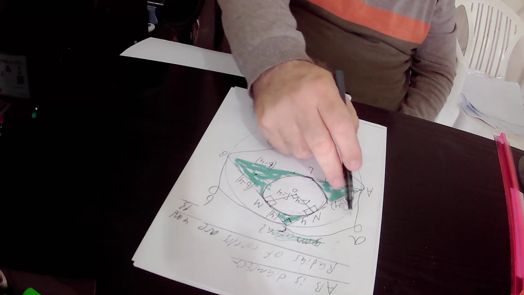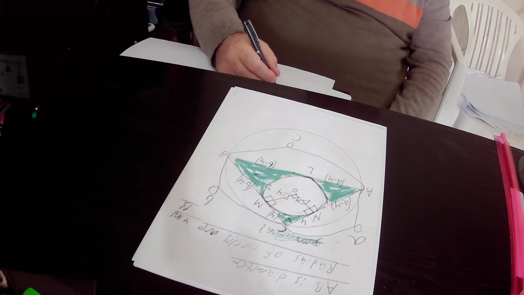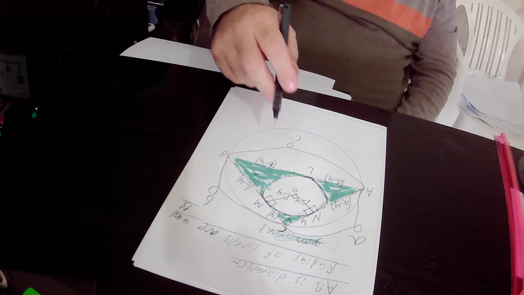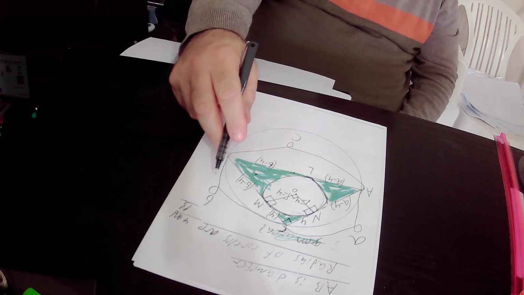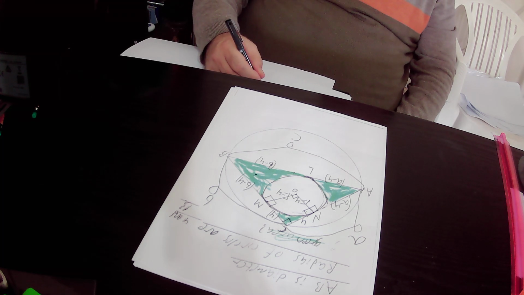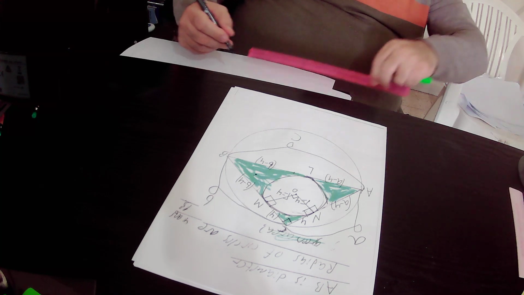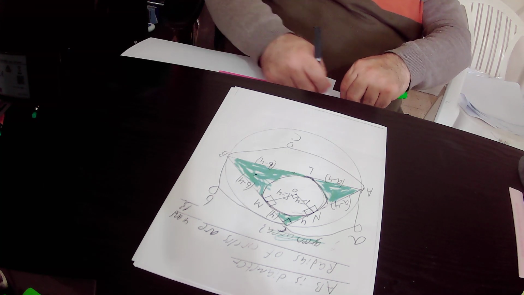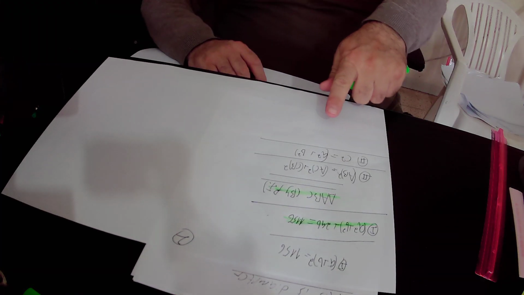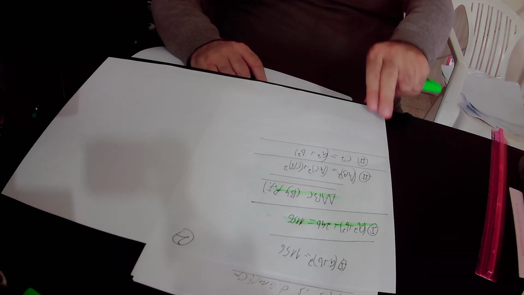AC equals A, therefore AC squared is A squared, plus CB squared. CB equals B according to our definition, therefore CB squared is B squared. So in conclusion, we found out that according to equation number 2, C squared equals A squared plus B squared.